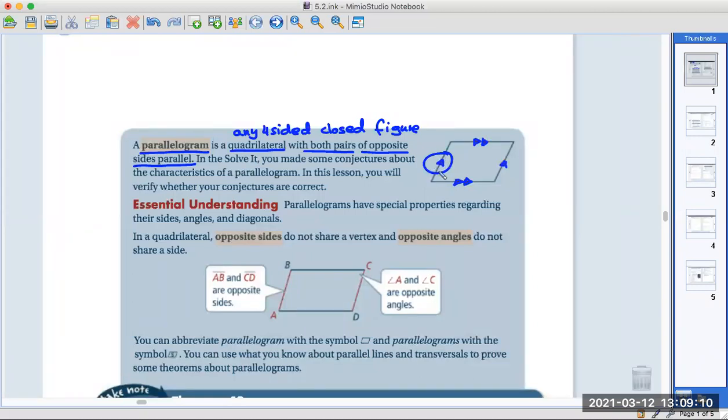And I believe one of the homework questions will kind of use this in your answer. So maybe that's a little clue, okay? Essential understanding: parallelograms have special properties regarding their sides, angles, and diagonals. So there's three things you are going to have to keep straight. What are we looking at?